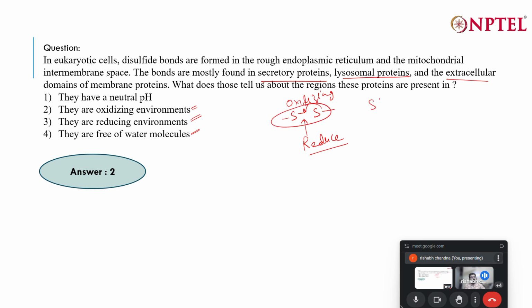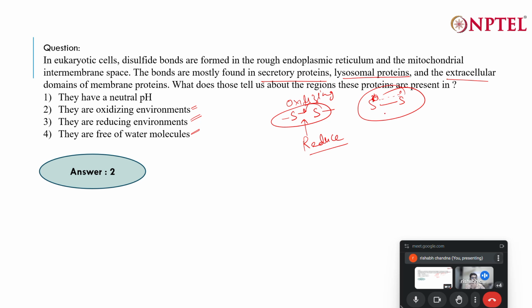In the oxidizing environment, the sulfur possesses some negative charge that needs to be shared with the other molecule, so this would form a bond.